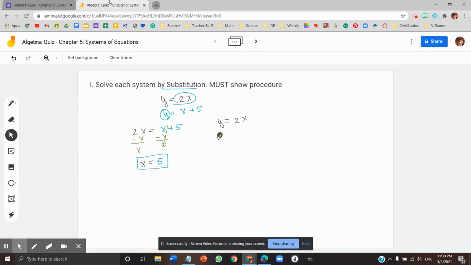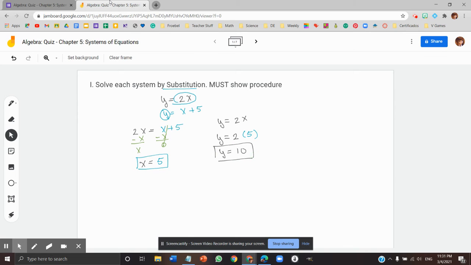So I'm going to have y equals 2, and I'm going to substitute that x by 5, because I already found out what x is. And then I'm going to solve: y equals 10.